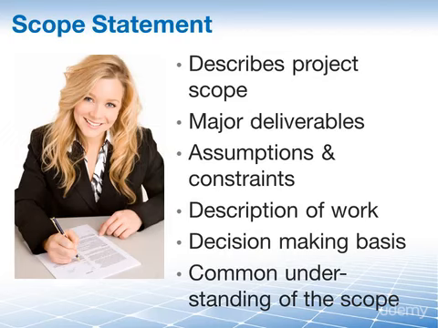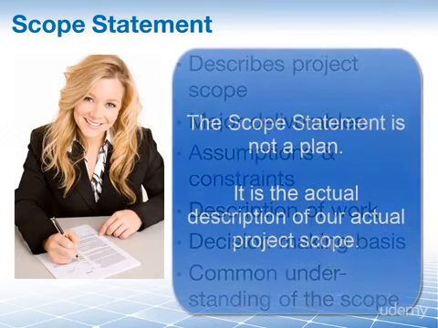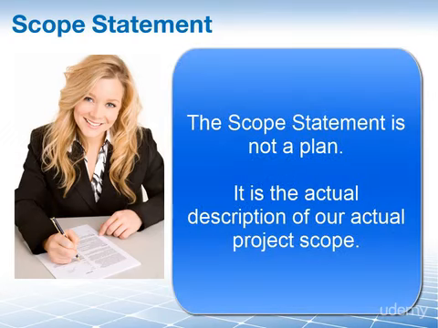Now here is something that is quite different from what we have seen previously in this lesson. All the subsidiary plans, they talk about structure, methods, tools, techniques that will be used throughout our project. The scope statement, on the other hand, this is the scope. This contains the defined scope for our project.